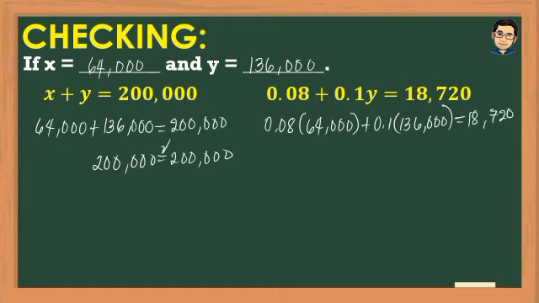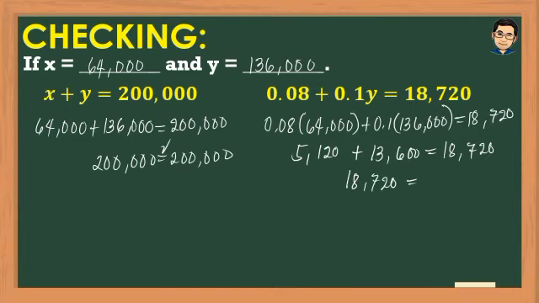Now, 0.08 times 64,000, that is 5,120, plus 0.1 times 136,000, that is 13,600, equals 18,720. So, add natin yan. That is 18,720 equals 18,720.